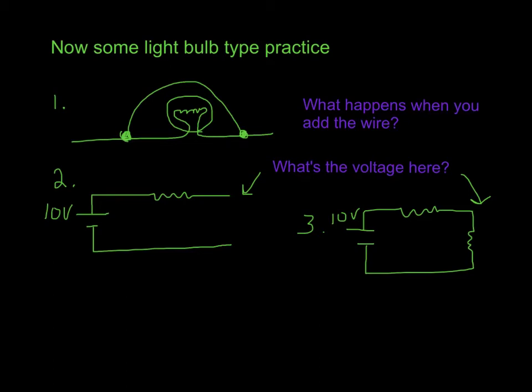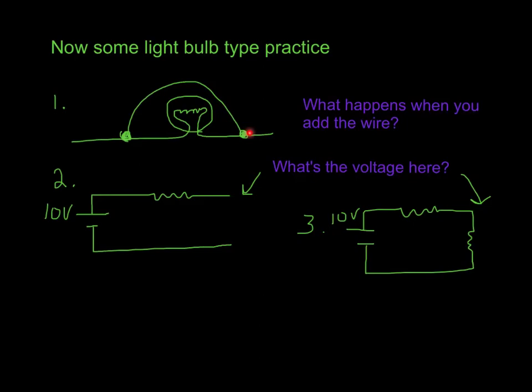All right, the first one, this one's not so bad. So basically you had a light bulb that was on, and now you jumpered this wire over. What happens when you add the wire to the light bulb? What happens to the current? I'm going to let you pause these on your own, and then we'll answer them together. So what happens is all of the current goes through the wire. We're assuming the light bulb is a resistor.